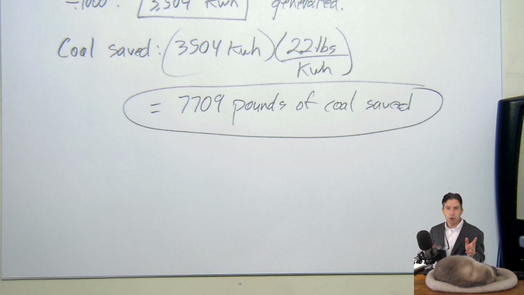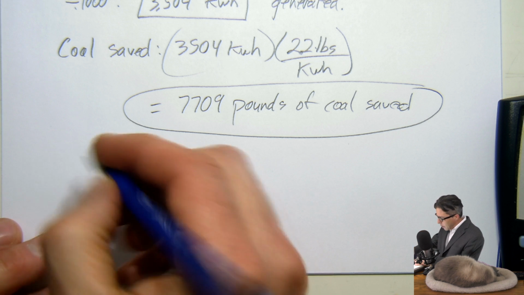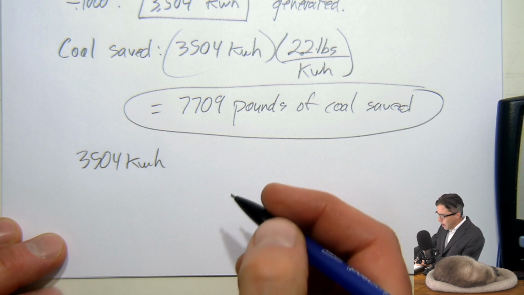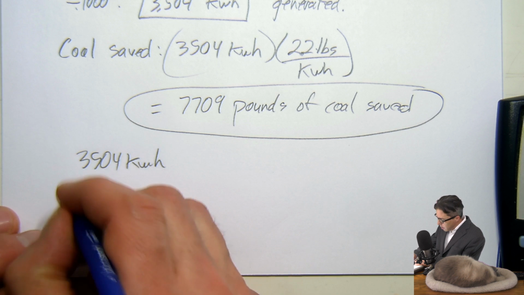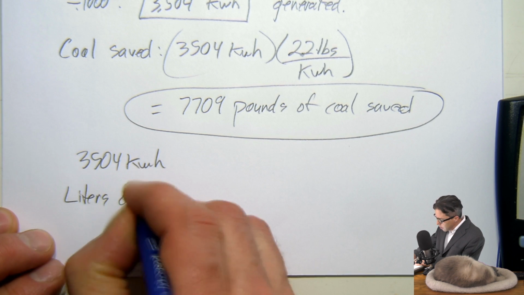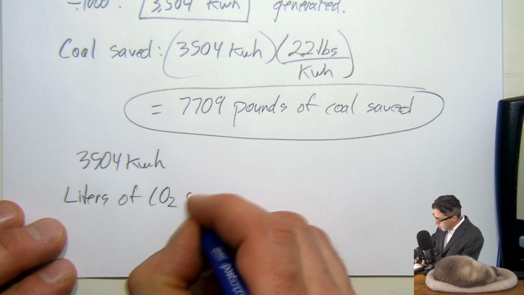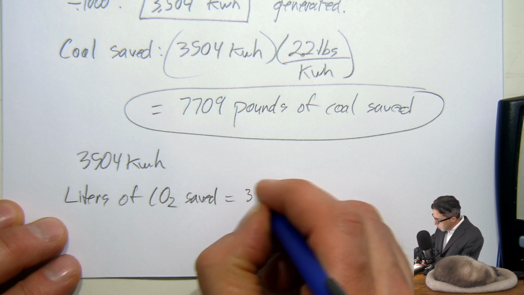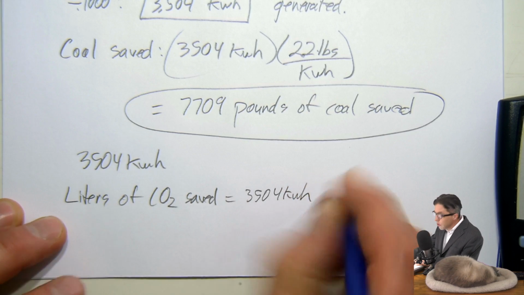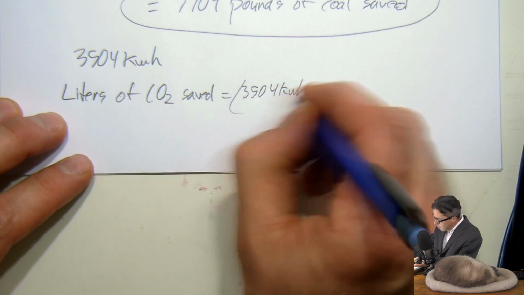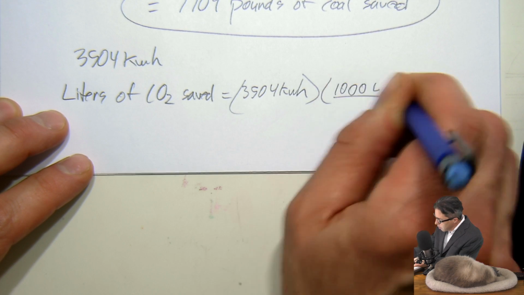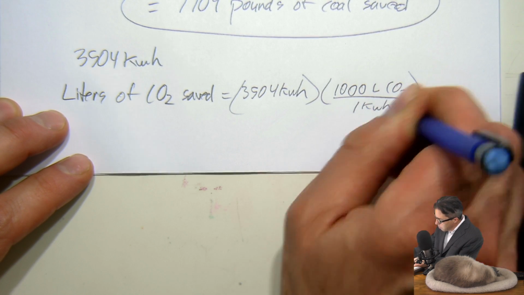How much CO2 do I prevent from emitting into the atmosphere? I would go back to my 3,504, and let's say I ask this in liters of CO2 saved, prevented from going into the atmosphere. 3,504 kilowatt hours, and it's 1,000 liters of CO2 for every 1 kilowatt hour that I burn.